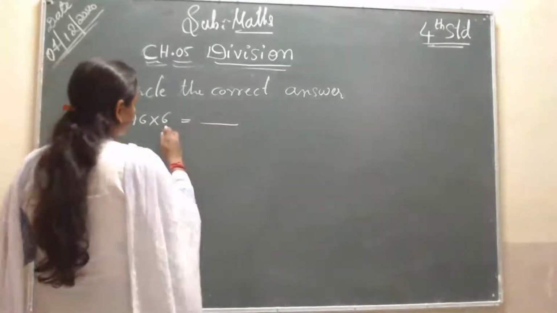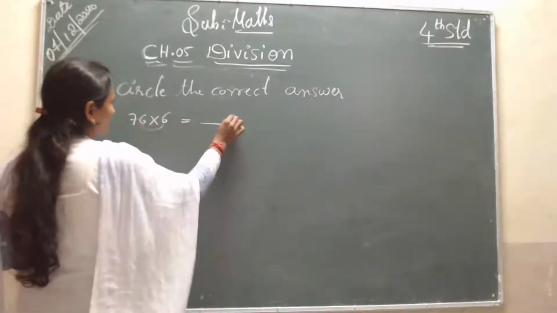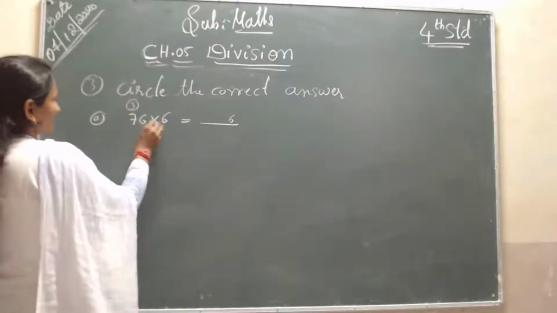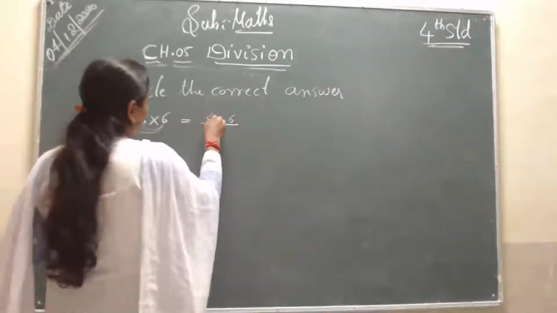You already know you have to multiply: 6 sixes are 36. You have to carry 3, 6 sevens are 42, 42 plus 3 is 45.